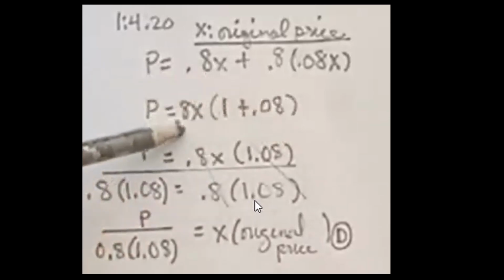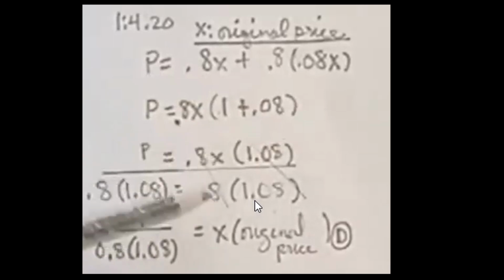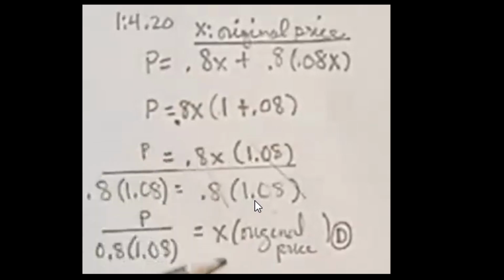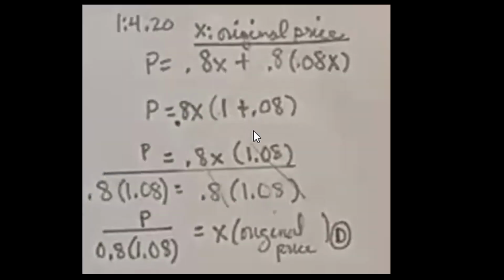Factor out a 0.8x, combine these two, divide both sides by everything to get x by itself. And so I get x, my original price, equals P divided by 0.8 times 1.08. D is the answer.